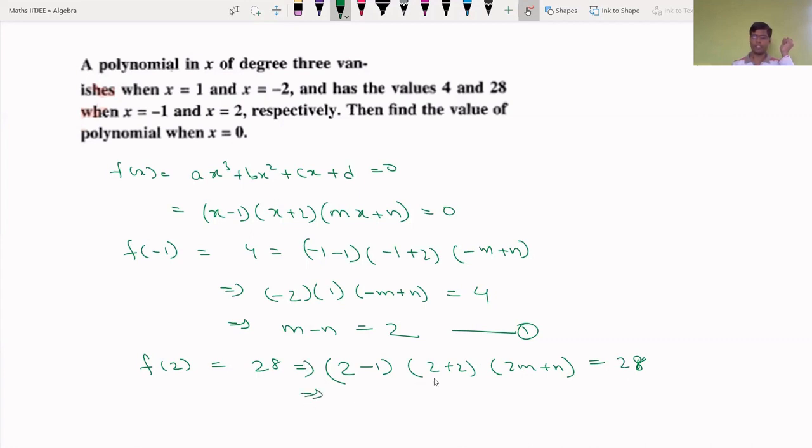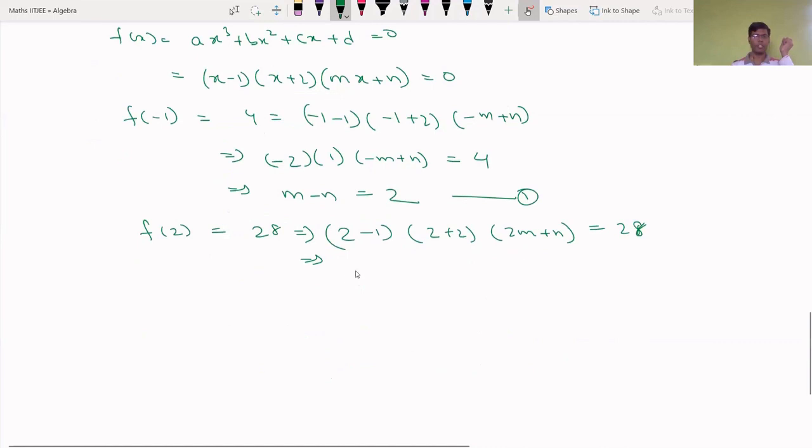So this implies 2 minus 1 is 1 and this is 4. So if I take 4 on the other side, it will be 2m plus n is equal to 7. Fine. So this is the second relation which I have got. So let me just add 1 and 2, because here I have minus n and here I have plus n.